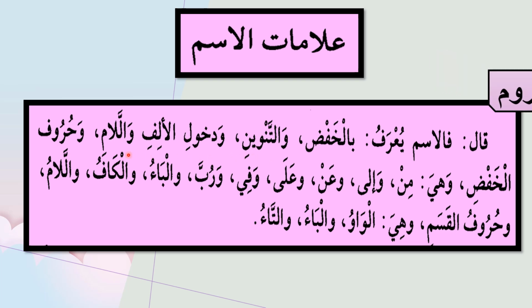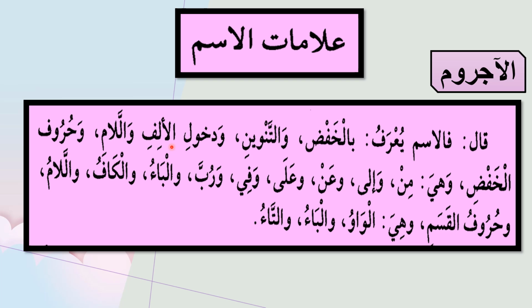وَالدُّخُولُ ألف اللام. The noun can accept lam at-tarif. وحروف الخفض, huruf al-khafd means the harf jar, the particles. وهي, now he says what are the huruf al-jar, the particles: من, إلى, عن, على, في, ورب, والباء, kaf, lam.